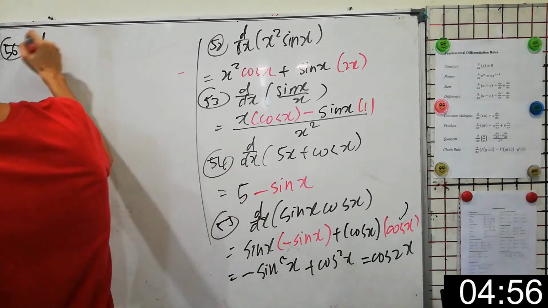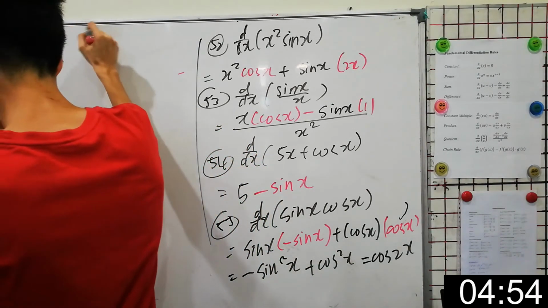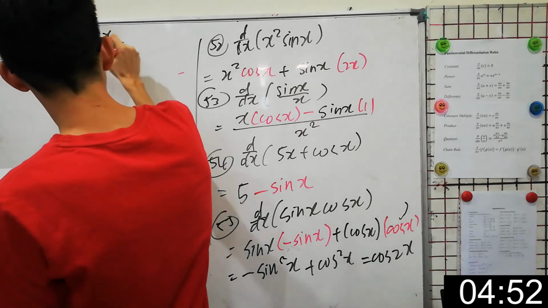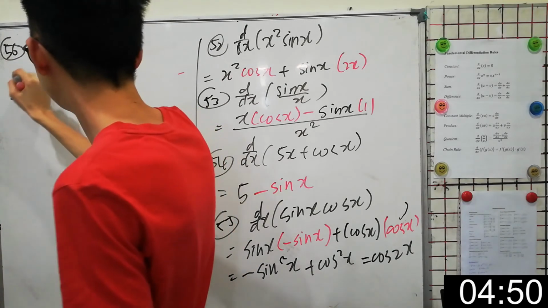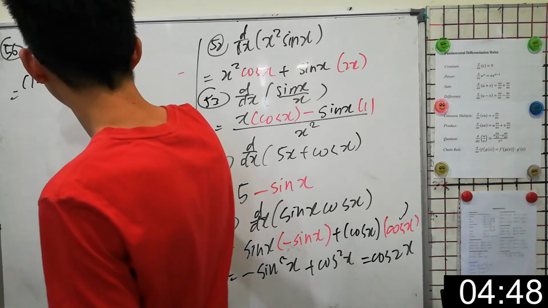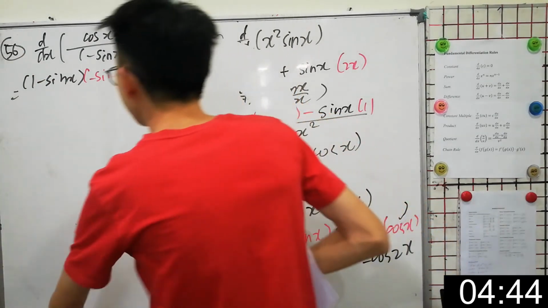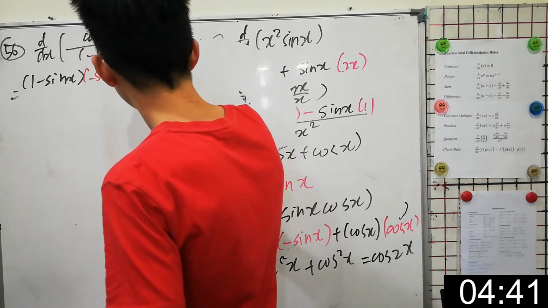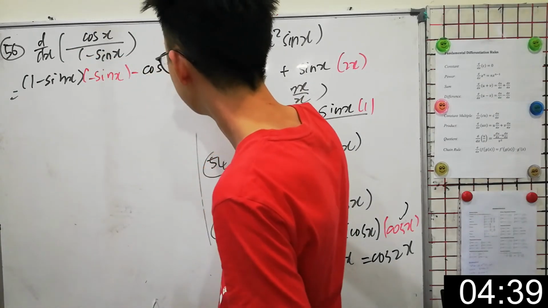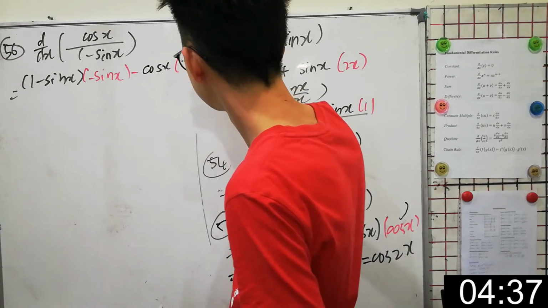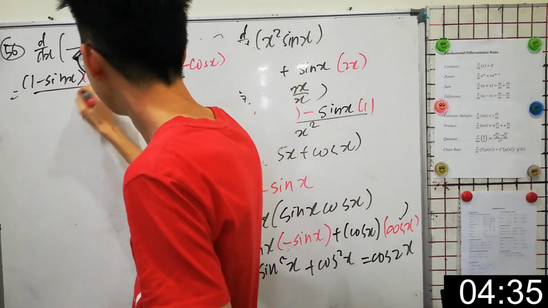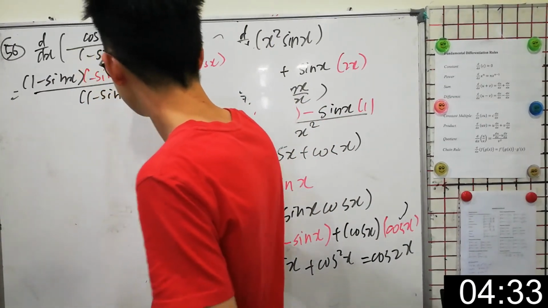Okay, so d/dx of cos x over 1 minus sin x. This is a quotient rule. Copy the bottom, differentiate the top. Then copy the top, differentiate the bottom, which is negative cos x, then over the bottom squared.